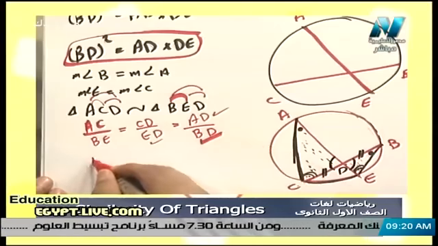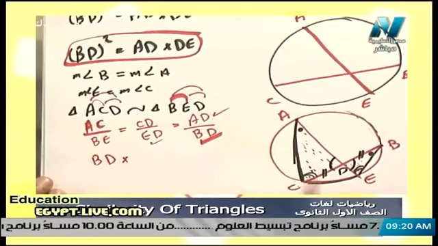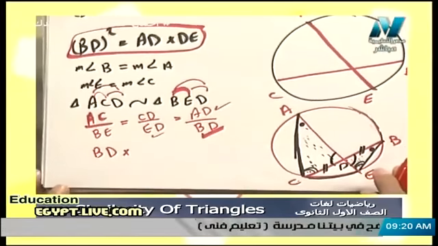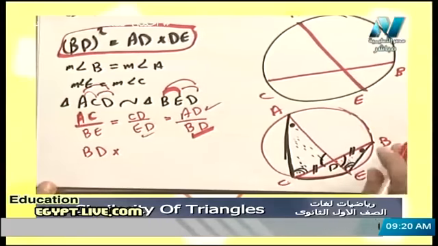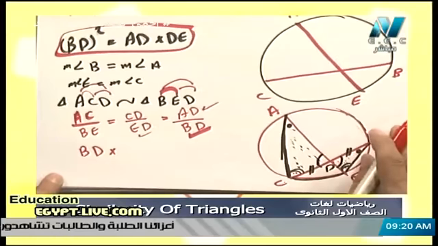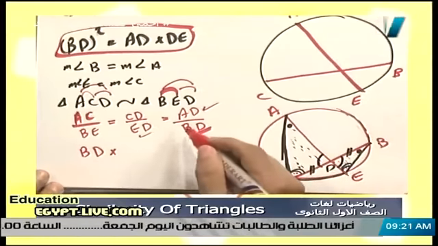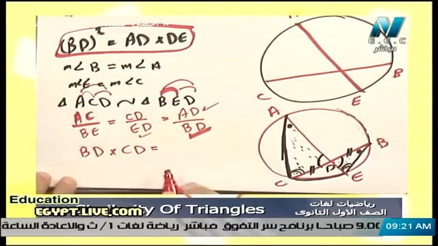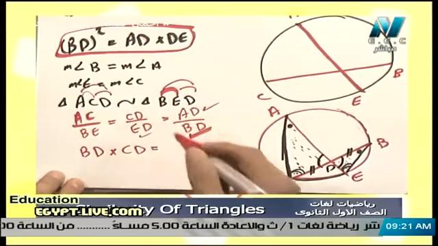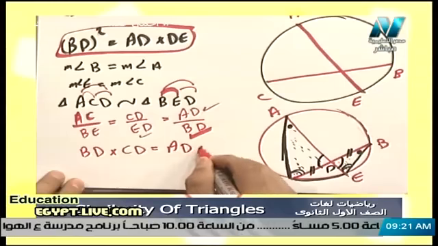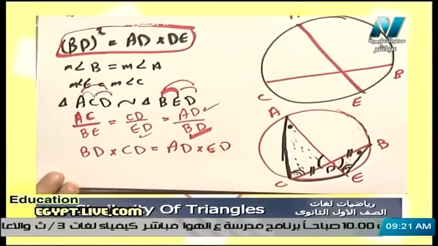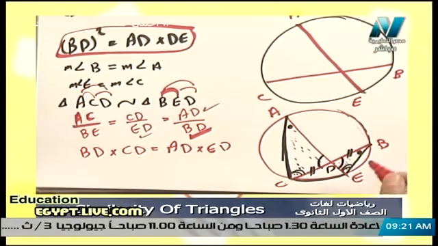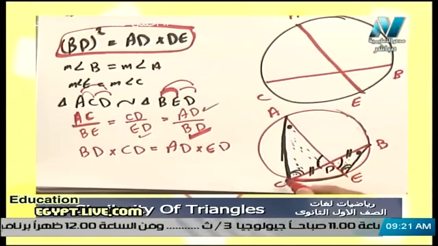BD times CD here equals AD times ED. And we know that BD here equals DC.